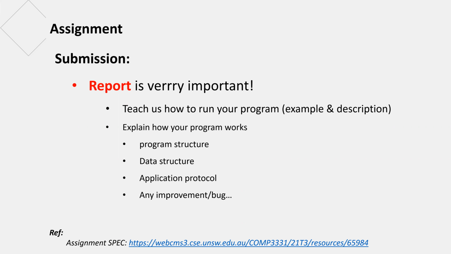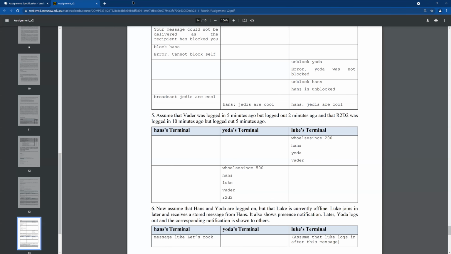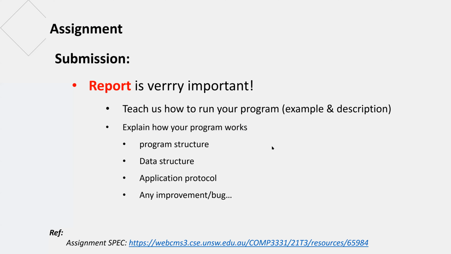So we still have 3 days. Just make sure you prepare well for your report. It should contain the program structure, with some drawing like I showed you before. I can't find it. Just have some graph to show your structure or have some description about it. And the data structure as well.